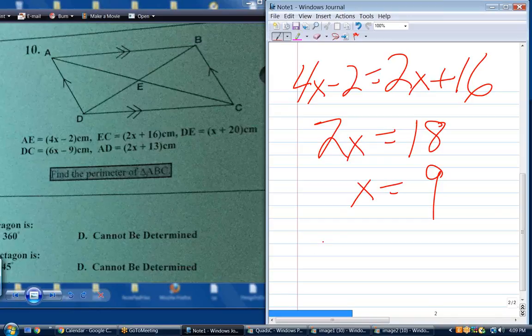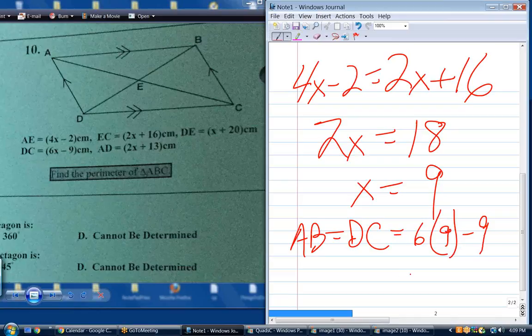AB is the same as DC. Okay, and what's DC equal to? One second. Plug in. 54 minus 45. Good. So that's AB. That's the top side of that triangle.